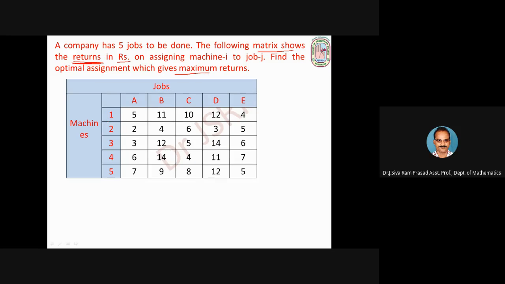Write this table. There are 5 missions, 1, 2, 3, 4, 5. There are 5 jobs, A, B, C, D, E. These entries represent returns. Returns means profits in rupees corresponding to missions and jobs.